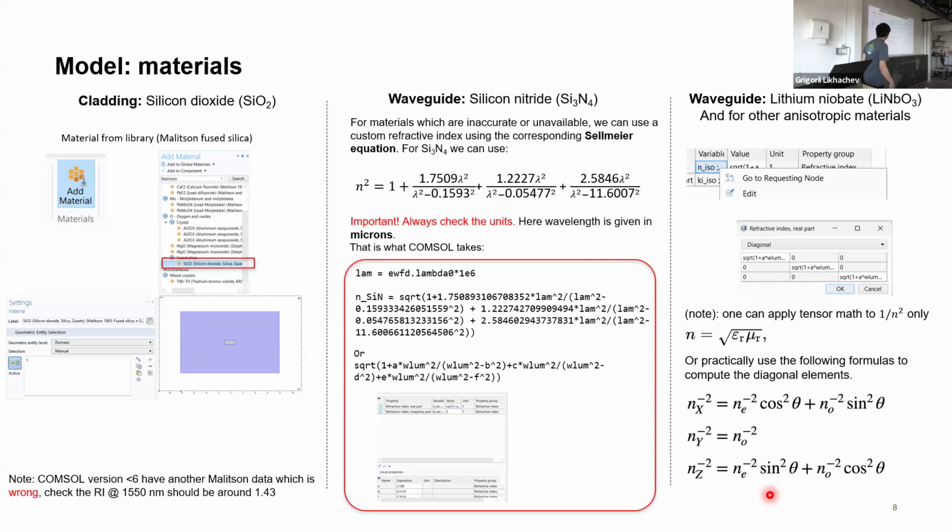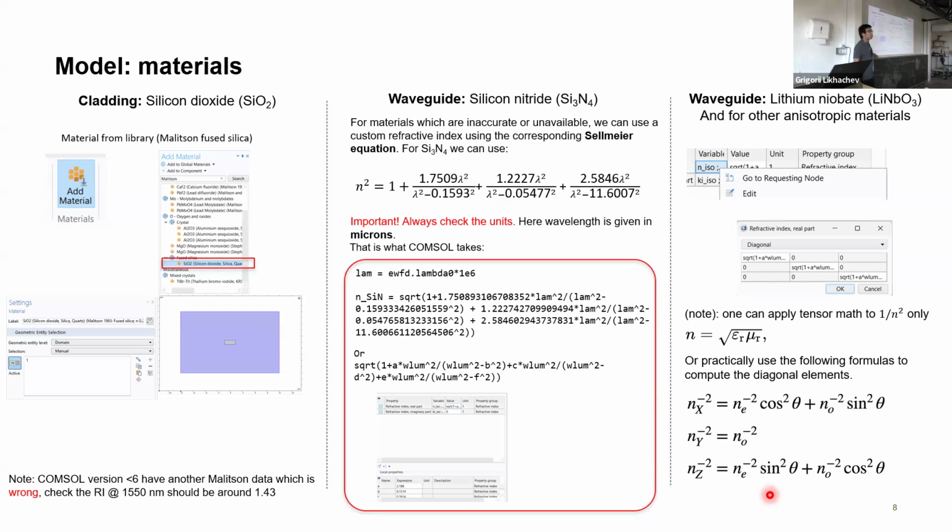You should find this one. Also worth noting, if any of you get a chance to use an older version of COMSOL, earlier than version 6, be careful. There is a serious problem in these versions: they have two Malitson datasets, and one of them is completely wrong. So you need to check the refractive index at 1550.